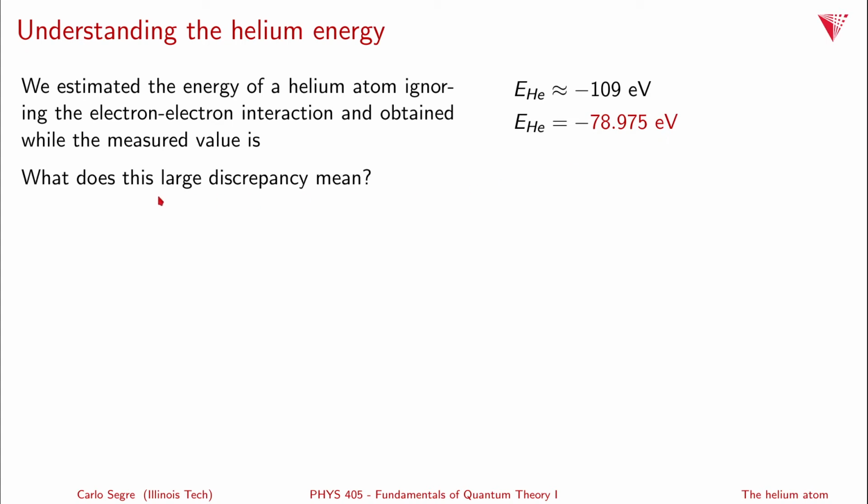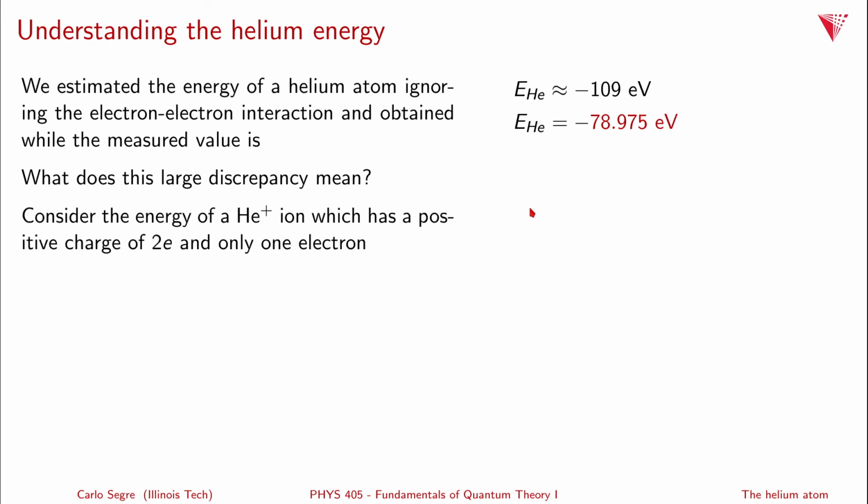How can we understand this large discrepancy, besides knowing that it's from the electron-electron repulsion? Well, we can consider the energy of a helium plus ion, which has a positive charge nucleus of 2e and only 1 electron. We know what that is. The energy of that is going to be 4 times minus 13.6 eV, and that's minus 54.4 eV.